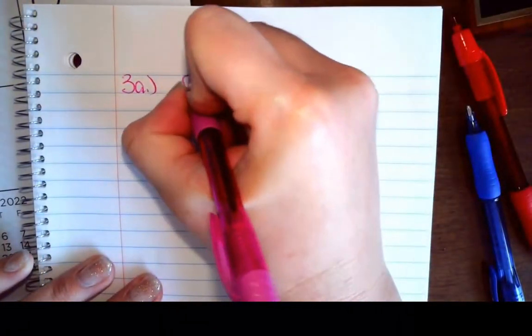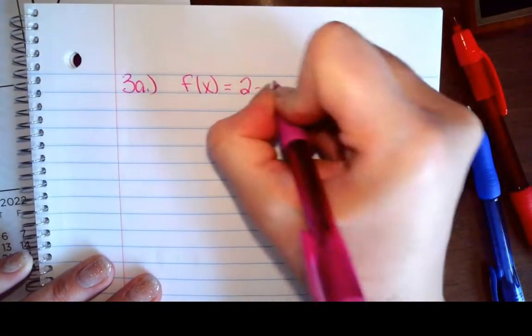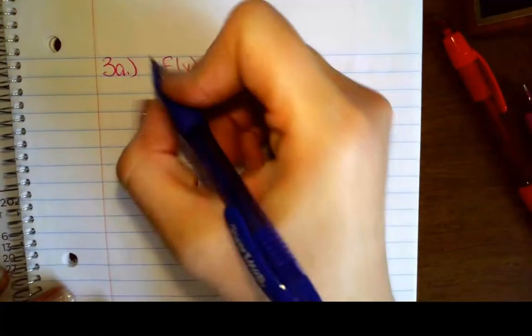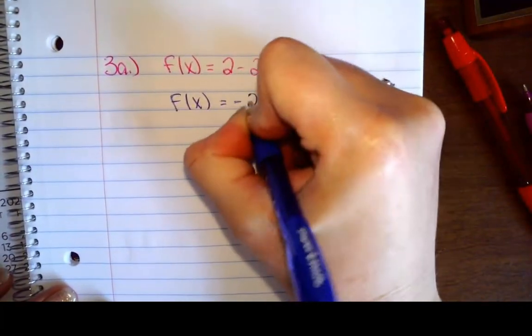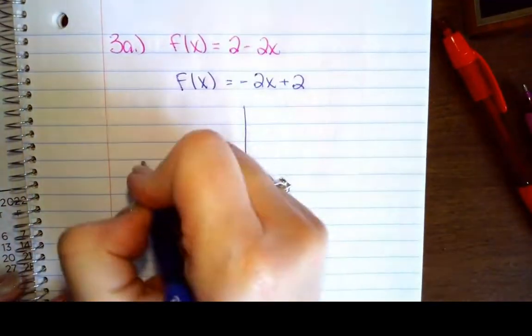And for our last example, I want to know if the given function has an inverse, and if it does, what is it? So I'm going to rewrite this as f of x equals negative 2x plus 2, which should tell you it's a diagonal line.